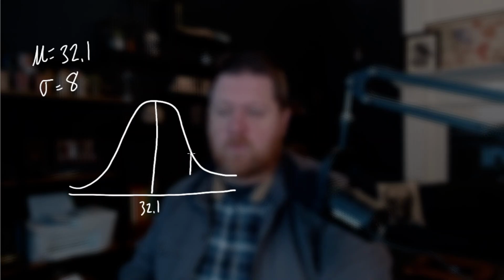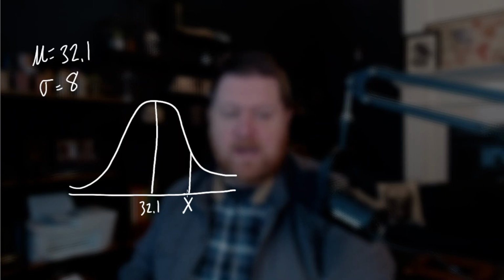Okay, so here we're dealing with water. We know that mu was 32.1 and sigma was 8. So let's draw our normal distribution out here. Here's 32.1. We've got a thing over here where we're looking for x. And we're looking for 90% of the people consumed less than this value.